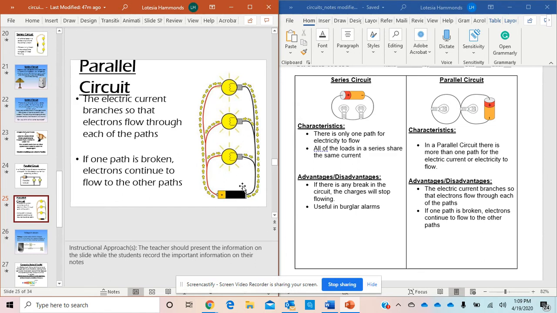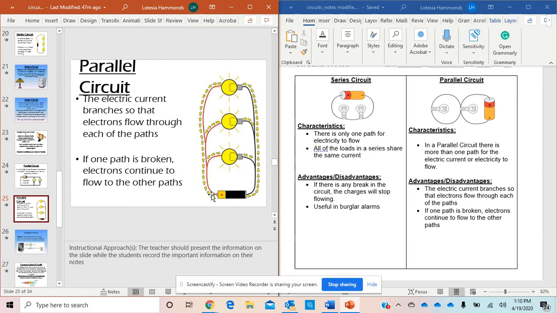So think about a situation where you have a lot of light bulbs, and then one of the light bulbs burns out. That one particular light bulb will not have a flow of energy because the bulb no longer works. But then in that same area, you have the other bulbs that are still working. You would have a parallel circuit set up in that space or in that room in your home.